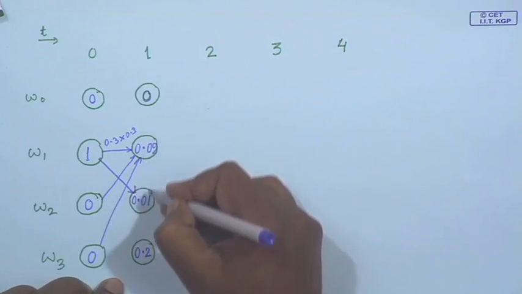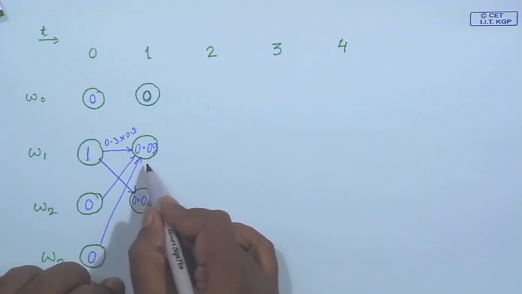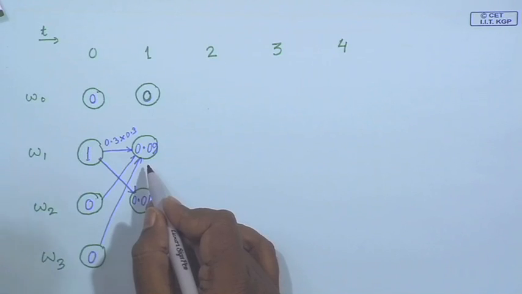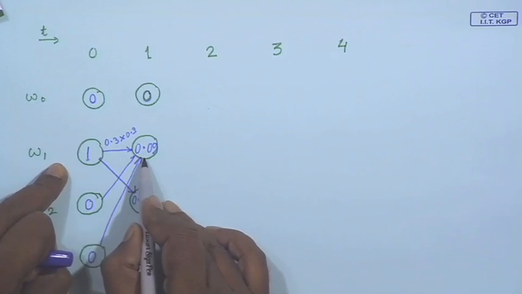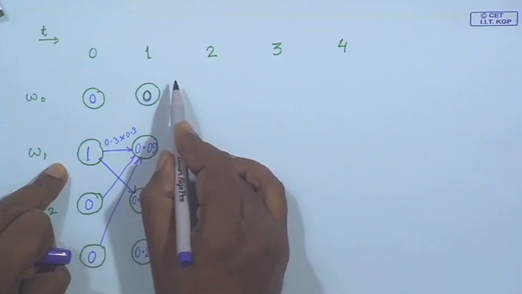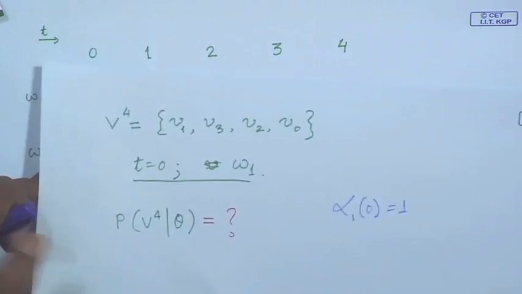So, these figures in the circles say that this is the probability that my model will be in hidden state omega 1 at t equal to 1 after emitting the first symbol, which is V 1.